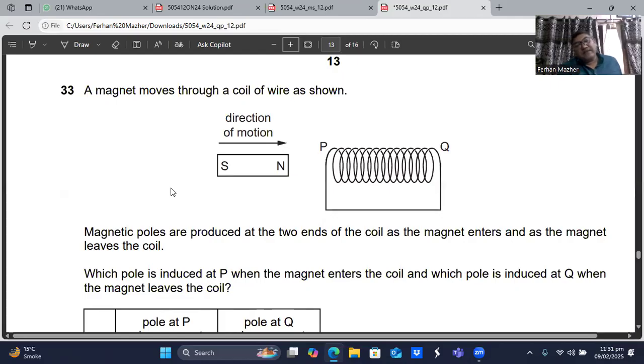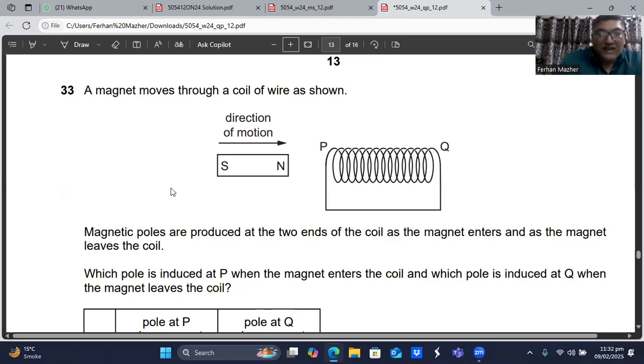Magnetic poles are produced at the two ends of the coil as the magnet enters and as the magnet leaves the coil. Which pole is induced at P when the magnet enters the coil, and which pole is induced at Q when the magnet leaves the coil?